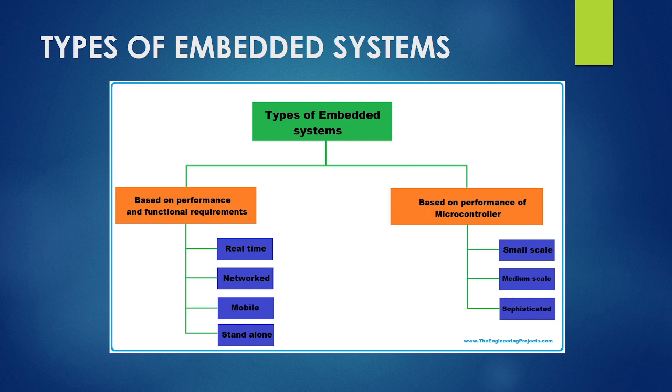A sophisticated embedded system uses 32-bit or 64-bit or even more bit microprocessors to operate, and it has wide hardware with different functionalities and wide software. It can be used for major purposes because its resource capability is very high compared to the other two embedded systems.